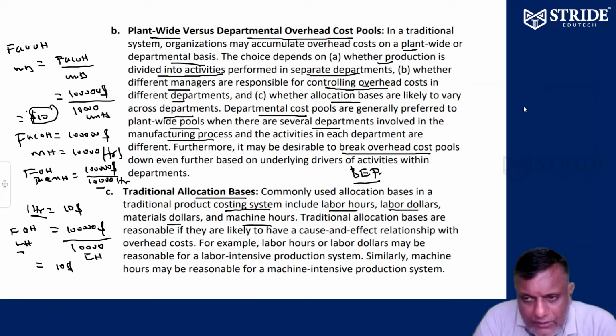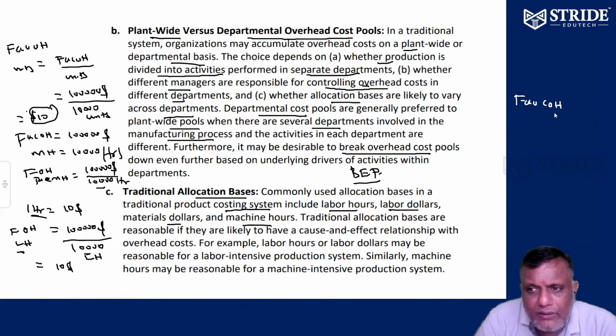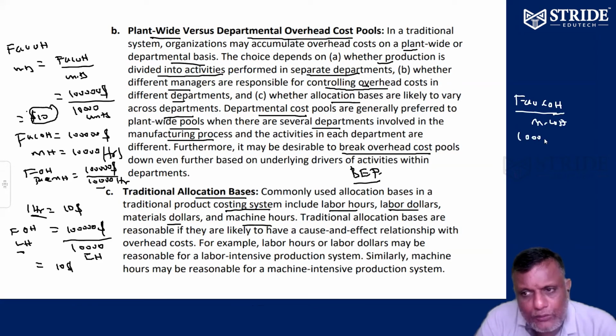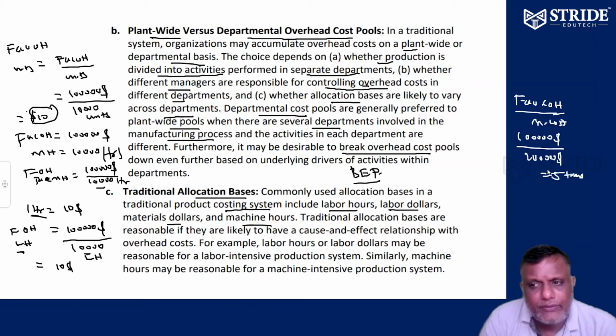For example, factory overheads based on material cost, in terms of percentage. Suppose factory cost is $100,000 and material cost is, for example, $20,000. So that is 5 times, which means factory overhead is 5 times the material cost.